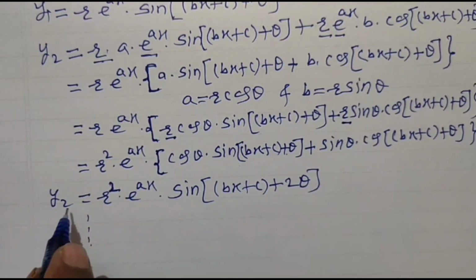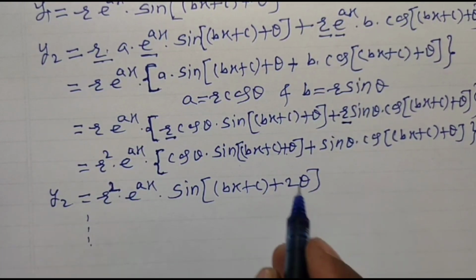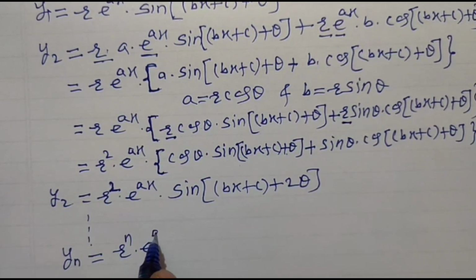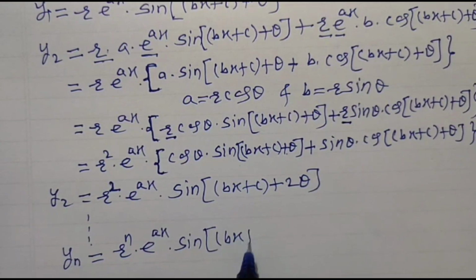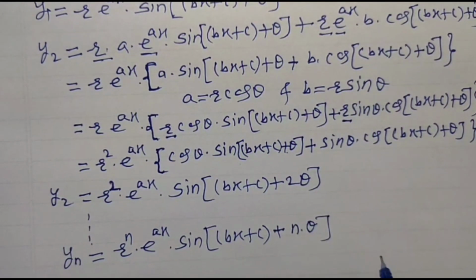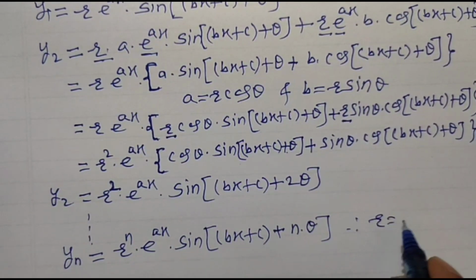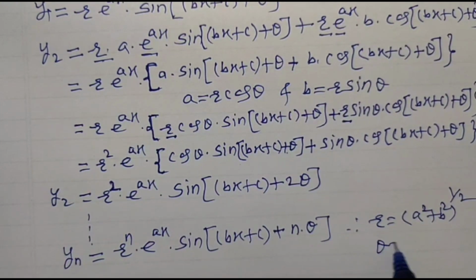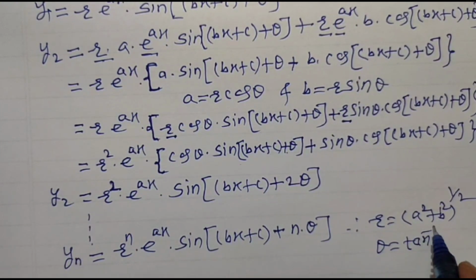Hence replacing 2 by n here, 2 by n here and 2 by n here, then yn is equal to r to the power n e to the power ax into sine of bx plus c plus n times theta. Now you can replace r is equal to a square plus b square to the power half and theta is equal to tan inverse b upon a.